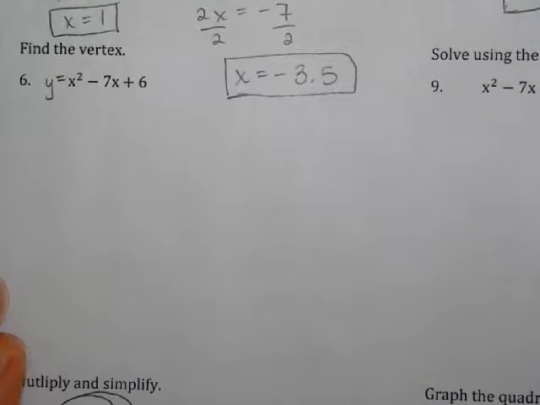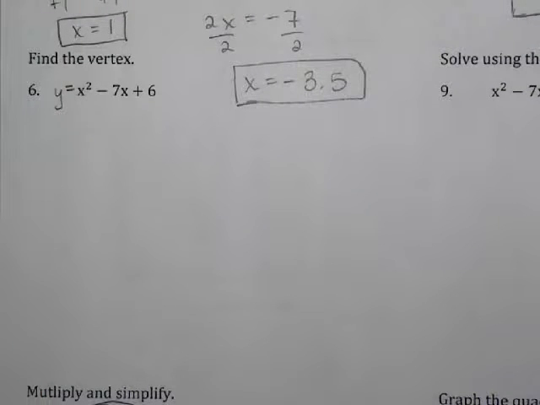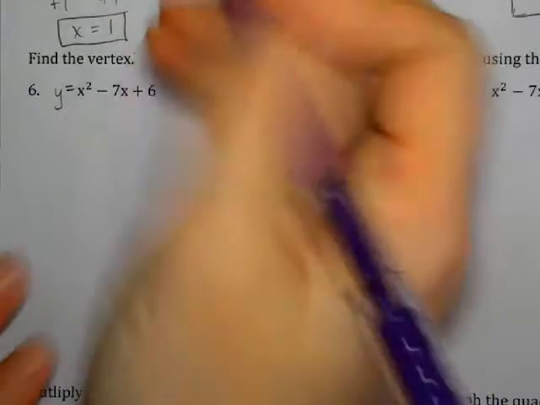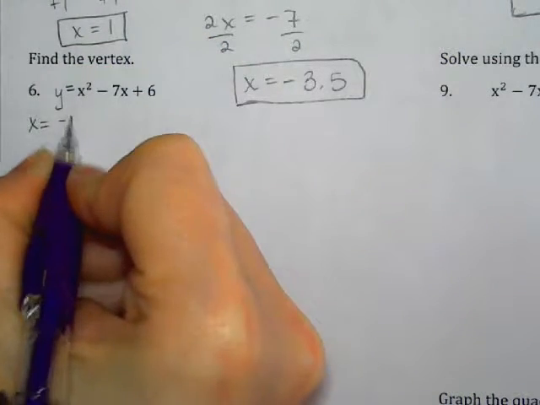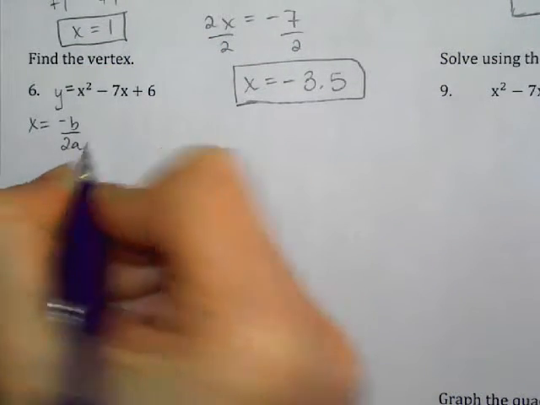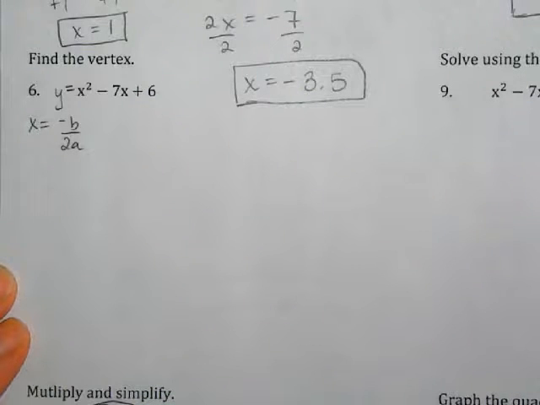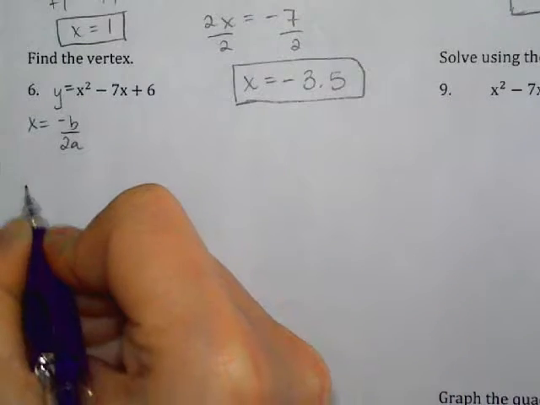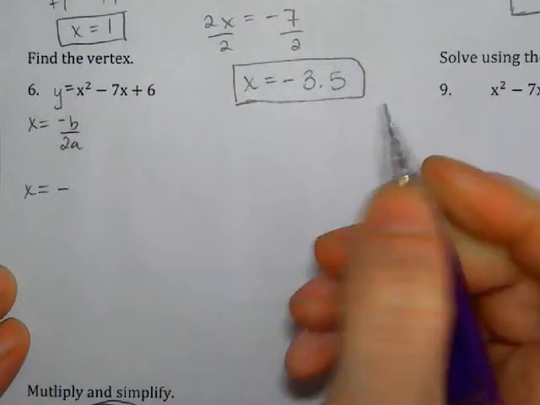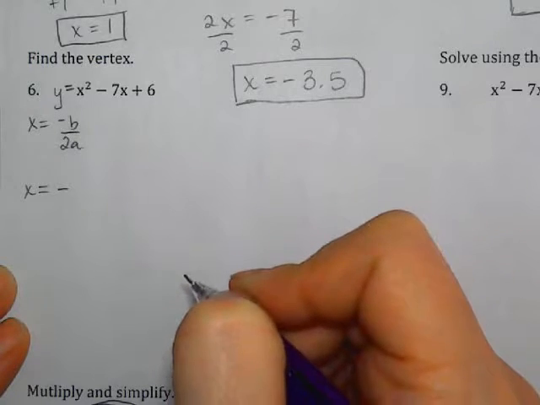So, on finding the vertex, anybody remember what the vertex formula is? X equals negative b over 2a. That negative in the formula is very, very important. So when I'm actually finding this, x equals negative, and then what is my b value?